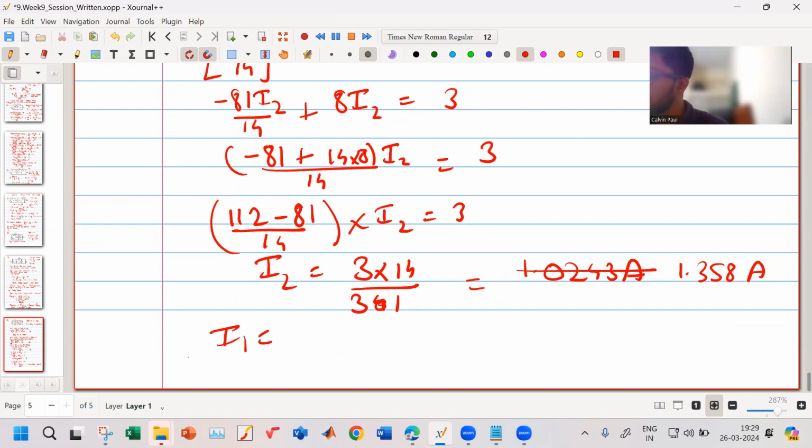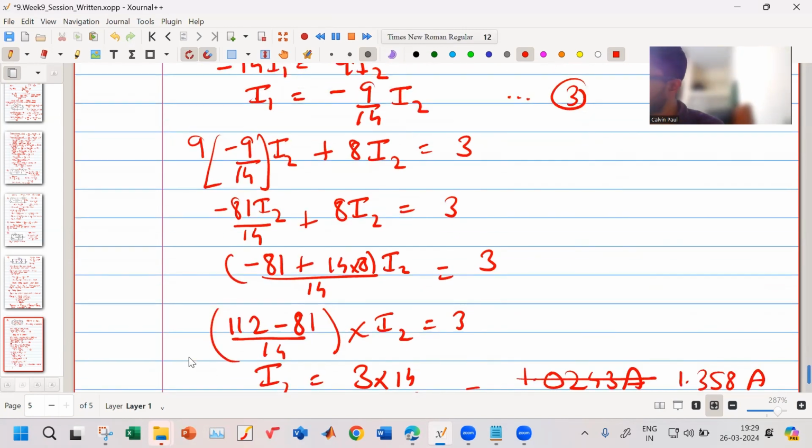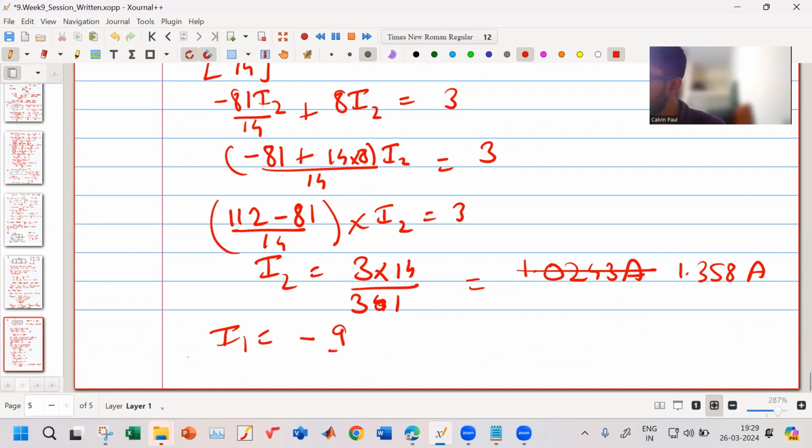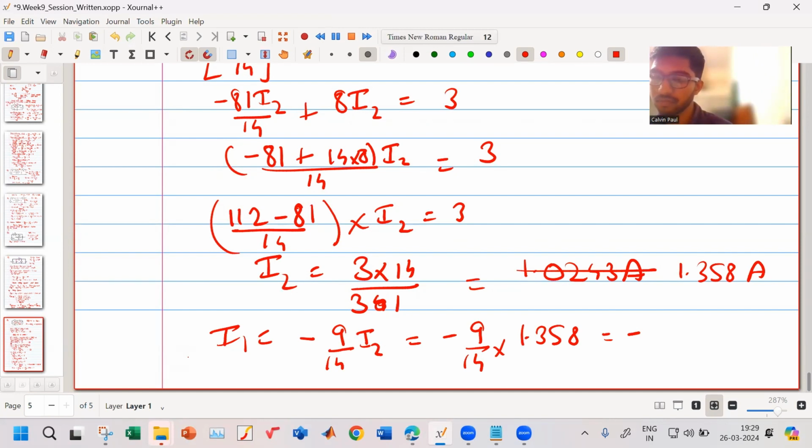My I1 is equal to minus 9 upon 14 I2. It is minus 9 upon 14 into 1.358. How much is that? 0.873, minus 0.873.